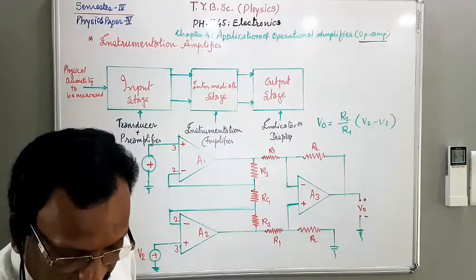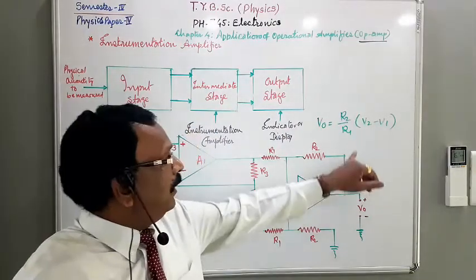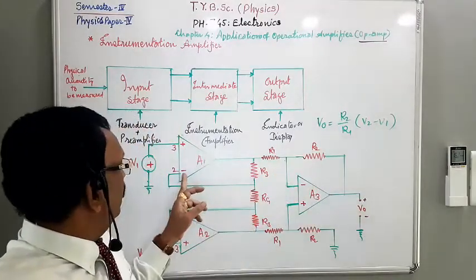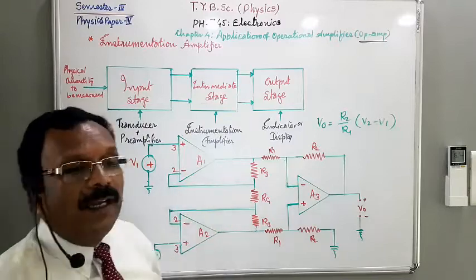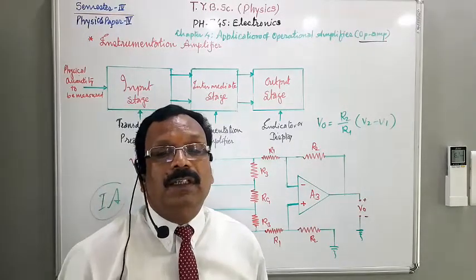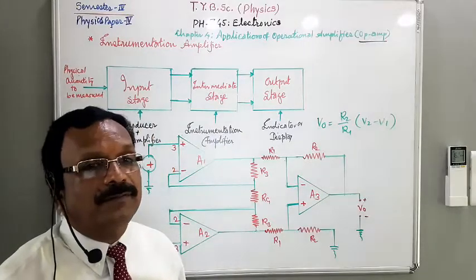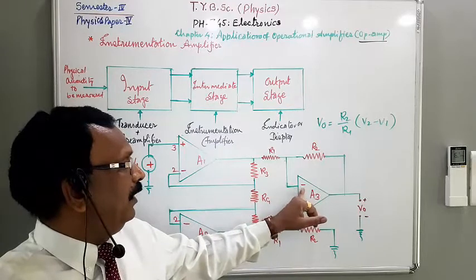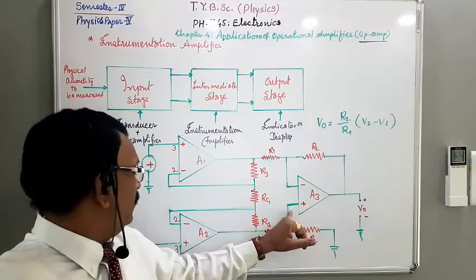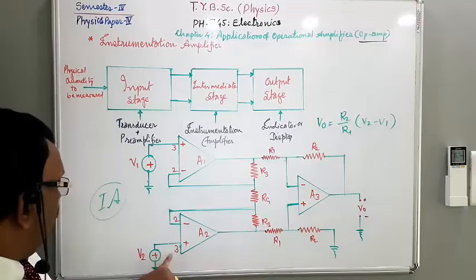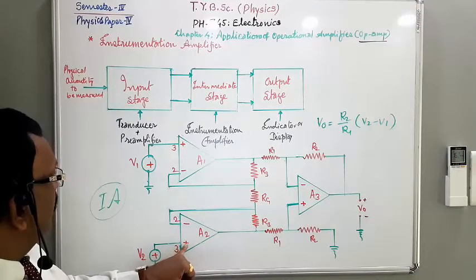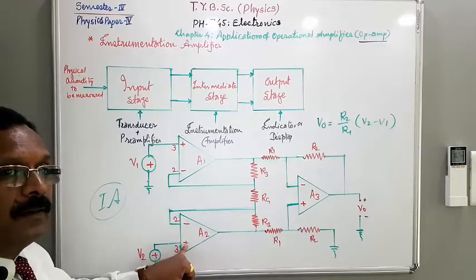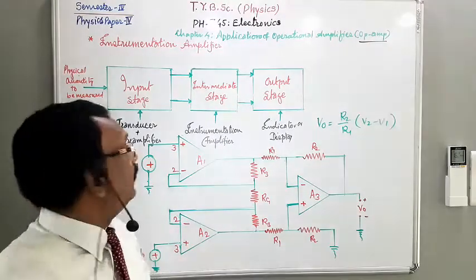Here V1 is the input inverting terminal and V2 is the input non-inverting terminal. See here, V2 is the non-inverting terminal and V1 is the inverting terminal.